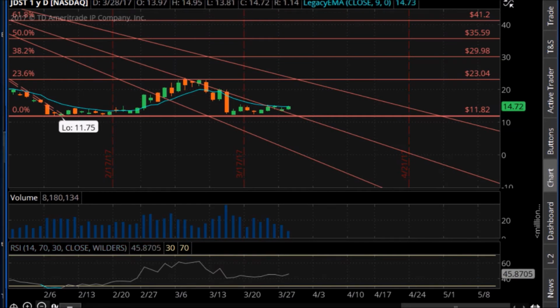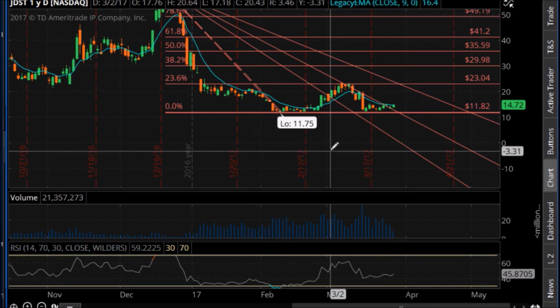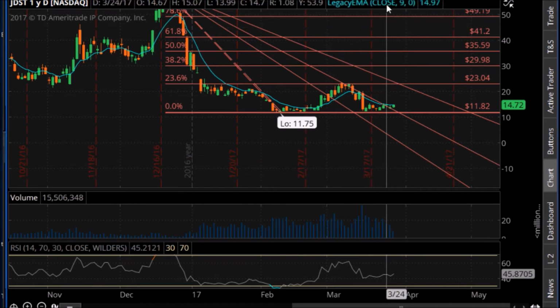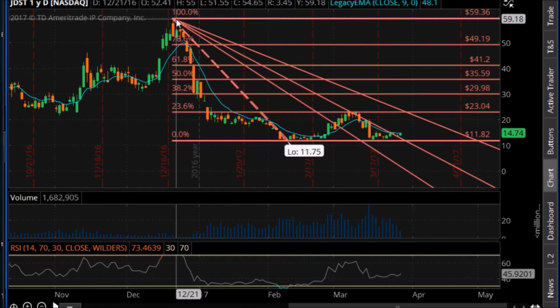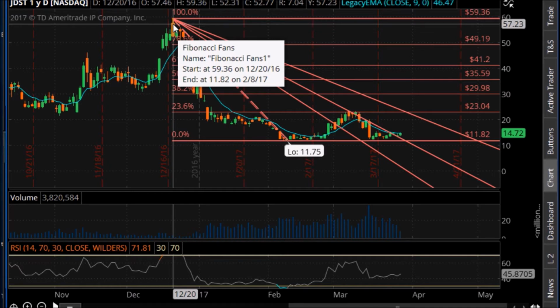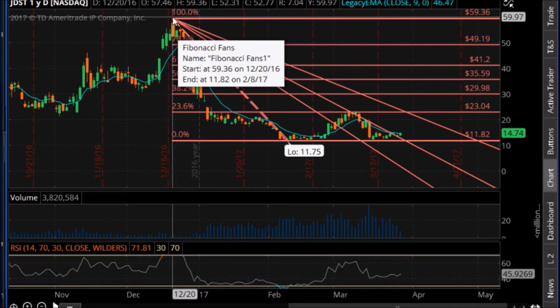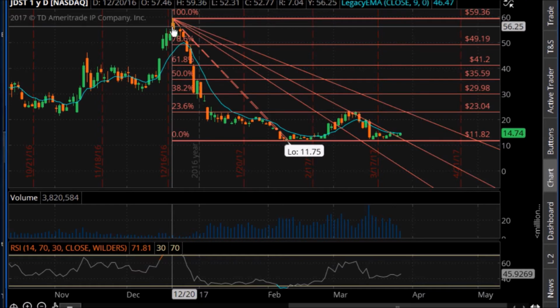If we take a look at the market from the high that we made in December of 2016, December 20th, the high in this market was about 59.18, approximately 59.36 was the high.